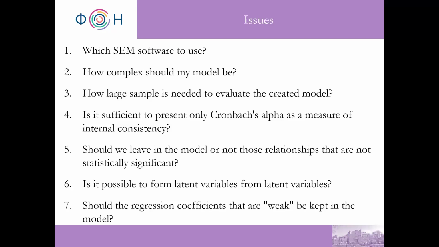My suggestion is, if you have a model of low complexity, you can leave all the relationships in the model. However, if you have a pretty complex model with a lot of lines on your graph, maybe it is easier to remove the non-significant relationships just to improve the interpretability of your model.